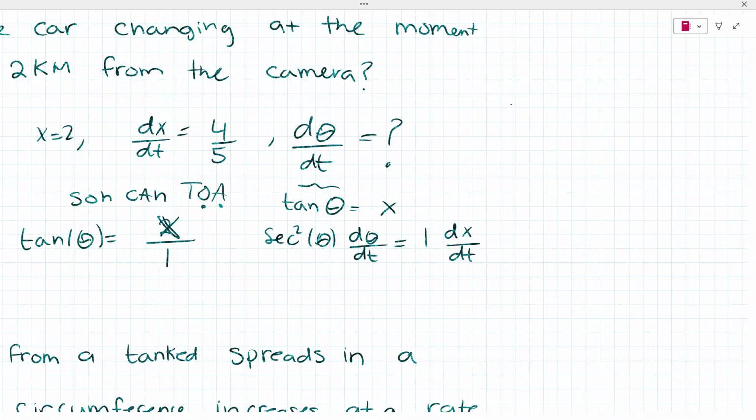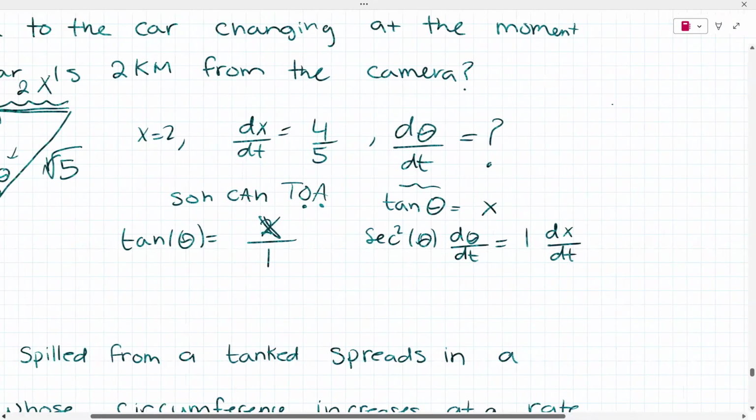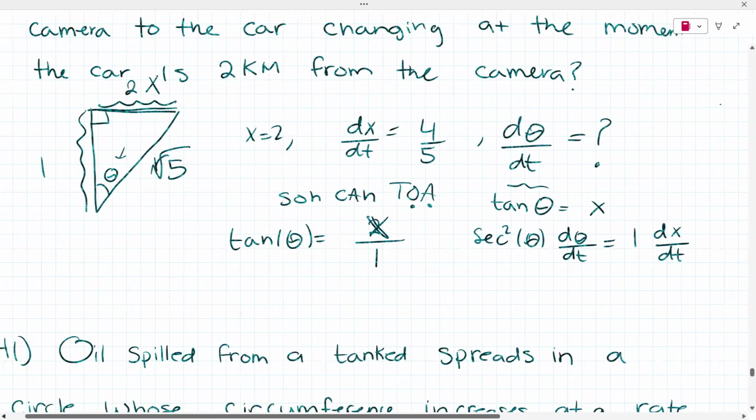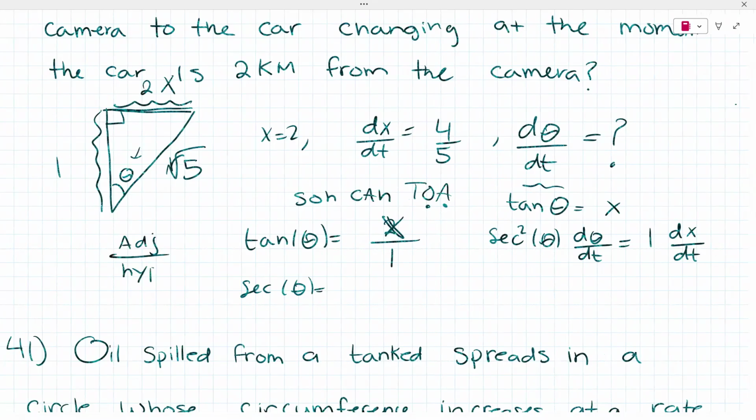I have to find secant theta. If you look back to your triangle, what is secant theta? Because we have to find secant squared theta. Secant theta is the reciprocal of cosine. Cosine is adjacent over hypotenuse, so secant theta is hypotenuse over adjacent.